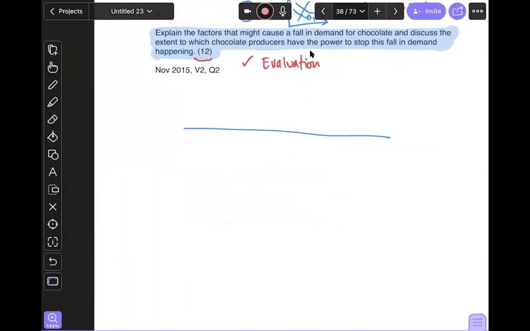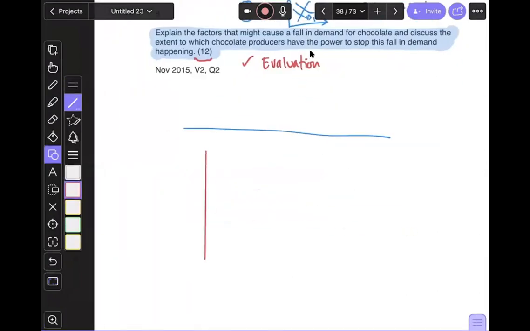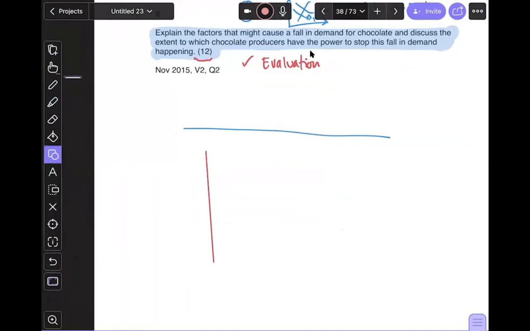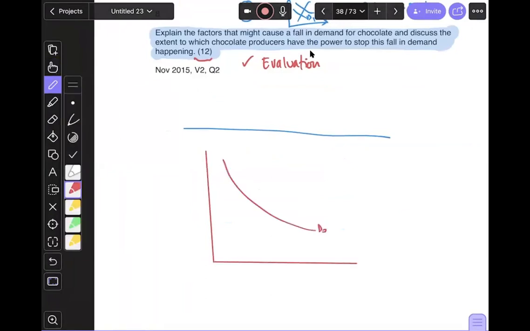And then you talk about how the demand going down will be shown in a diagram. So let's say this is my demand and supply. We talk about how demand will fall, so you go to a lower price P1 and quantity Q0 to Q1.